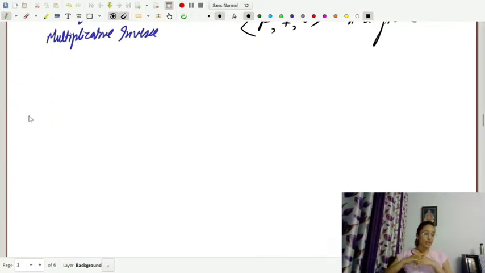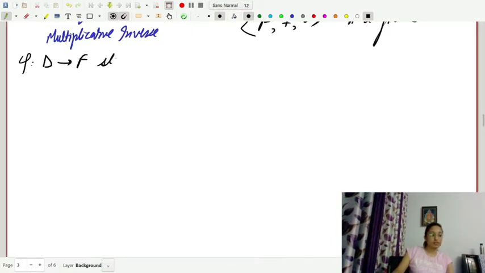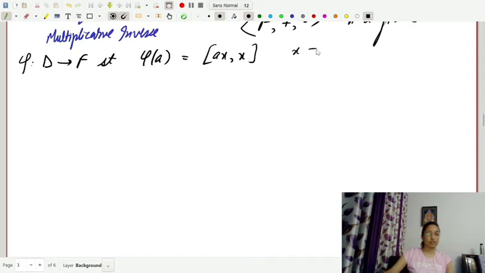Now, to show that an integral domain is embedded into the field, define a map phi from D to F such that phi(a) = (ax, x), the equivalence class, for x not equal to 0 and x belonging to D. Phi is well defined, as we can see.